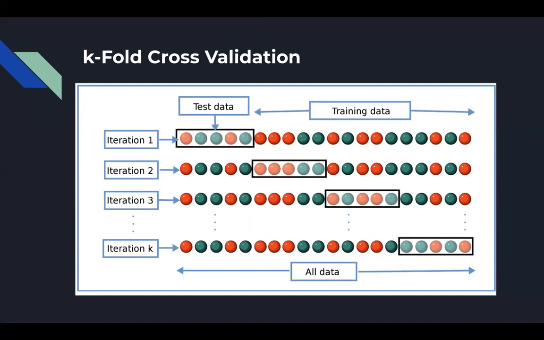So the iteration will be done until all blocks of data have been evaluated. After iterating through all the data sets, the technique will compare all the accuracy scores and choose the highest one as a result. Now, each data point will fall into both the training data set and the testing data set once.